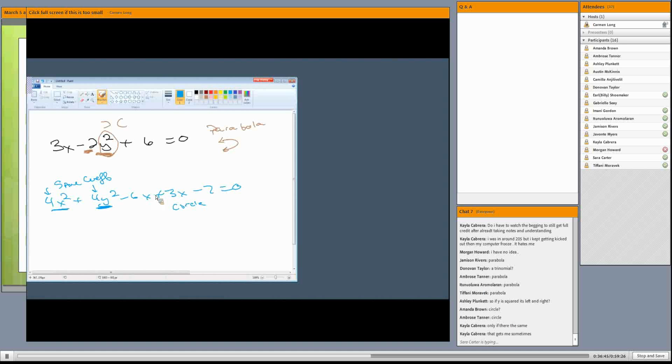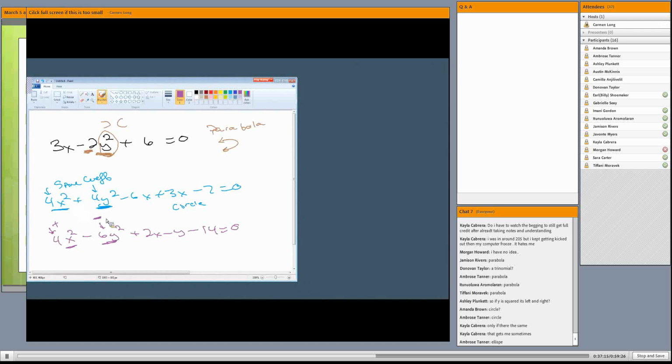Now let's do another one. What if I had that? All right, so I know it's not a parabola because I've got an x squared and a y squared. I know it's not a circle because my coefficients aren't exactly the same. One is positive and one is negative. What do I know it is?